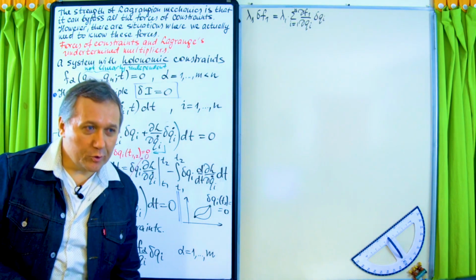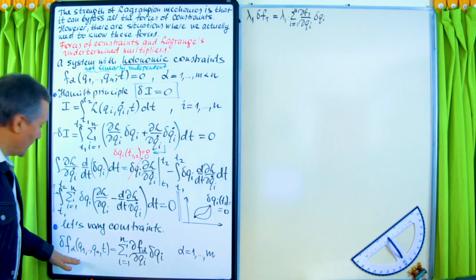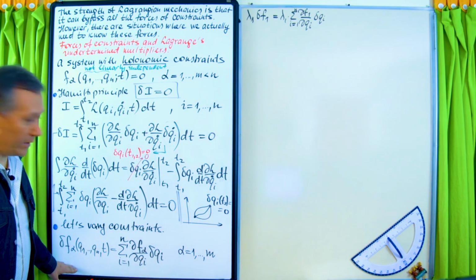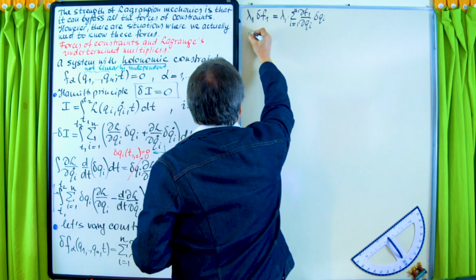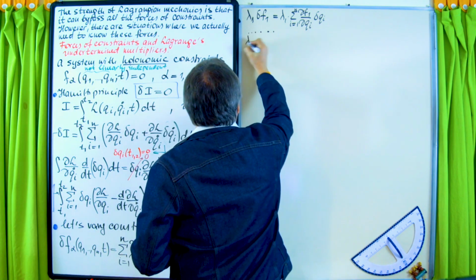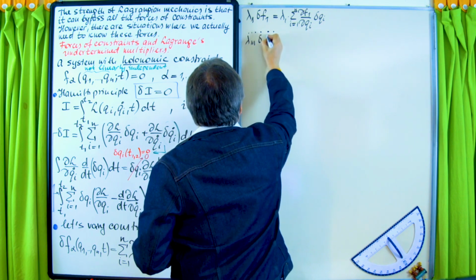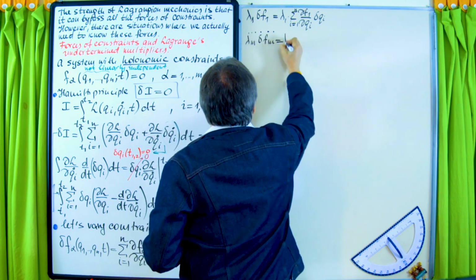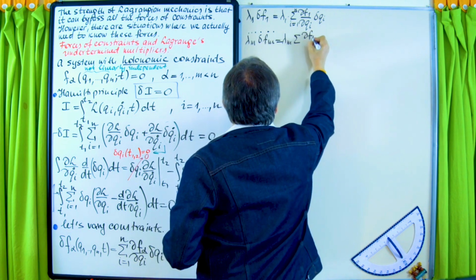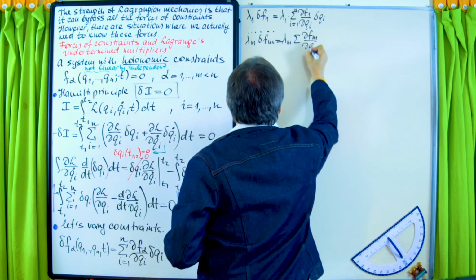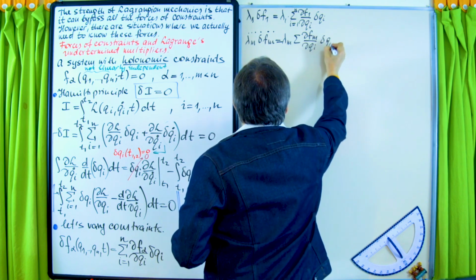And then I'm going to do the same with the rest of the equations. There are m minus 1 of those. And then all the way to lambda m delta fm, which equals lambda m times the summation of the partial derivative times delta qi.